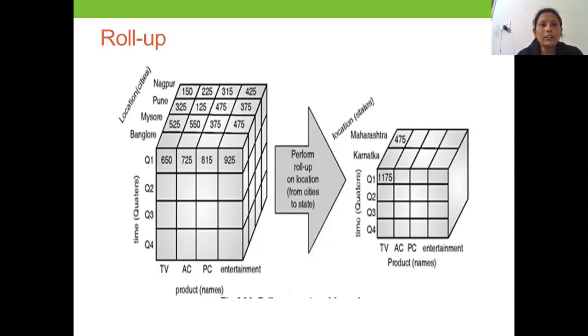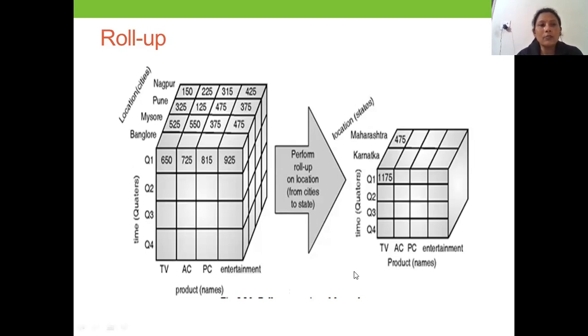The first operation is called the roll-up operation, or it is also called the drill-up operation. Here, the user can climb up the concept hierarchy to reach a particular decision. For example, suppose the manager wants a report of the sale of these 4 products, not city-wise, but state-wise.